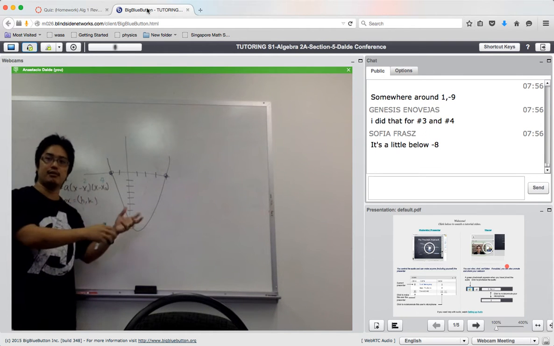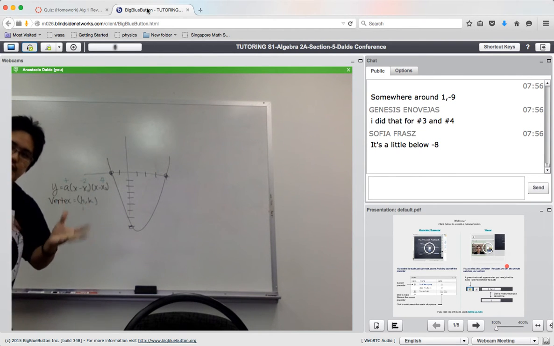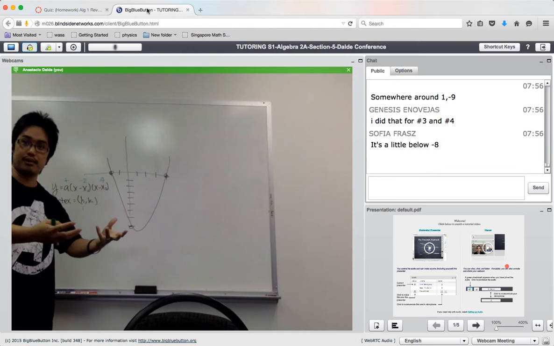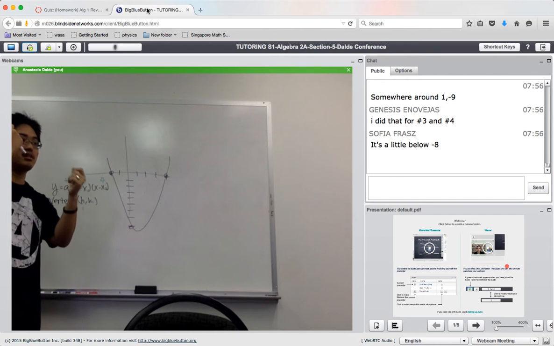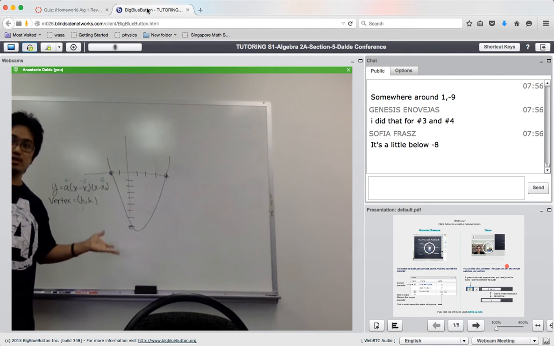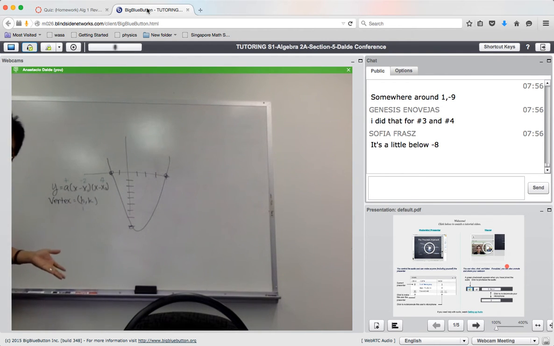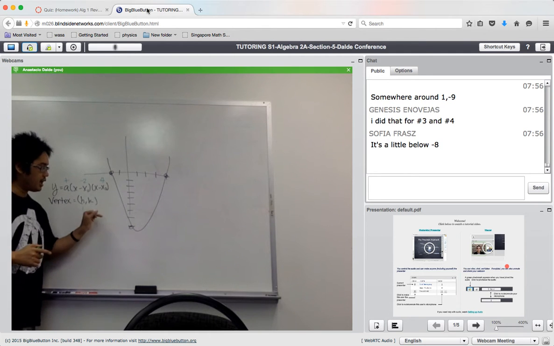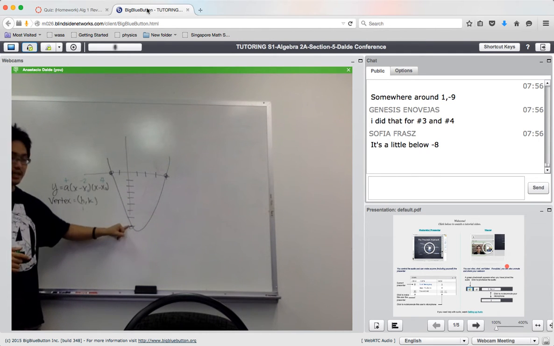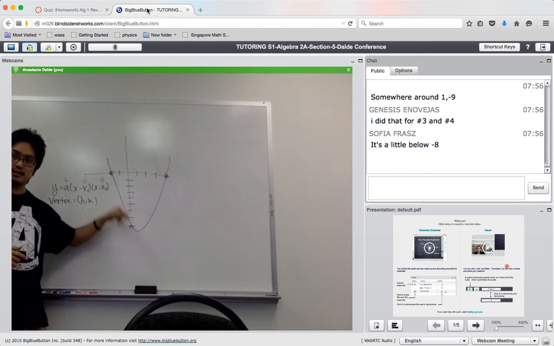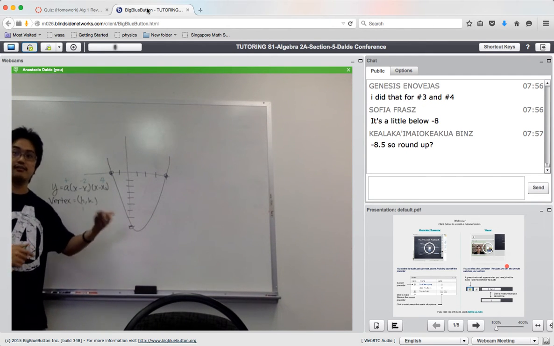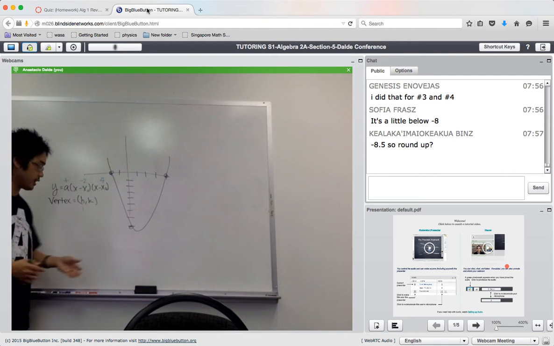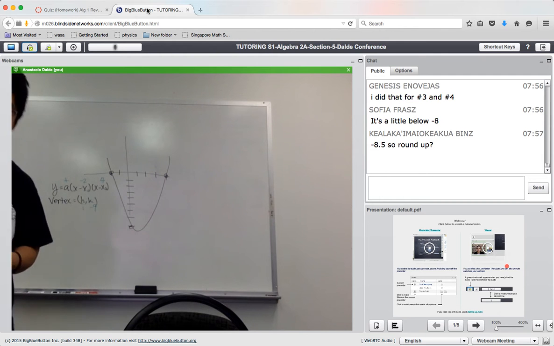I look at a problem and I say, this is what I think the answer should be, and then I go through the problem and do it, and see if what I got came anywhere close to what I think I should have gotten. Sophia is saying that down here is -8, and it looks to me like the vertex appears below that area, so I'm going to guess maybe -9 or -10 for the y coordinate of the vertex. I'll go with your guess. That's our guess. We don't know if it's right.